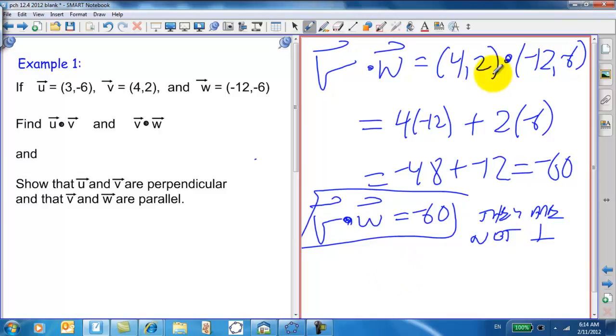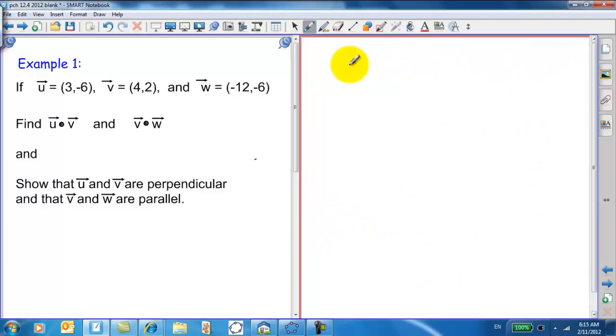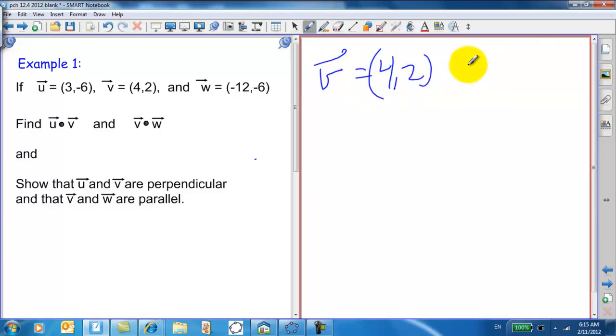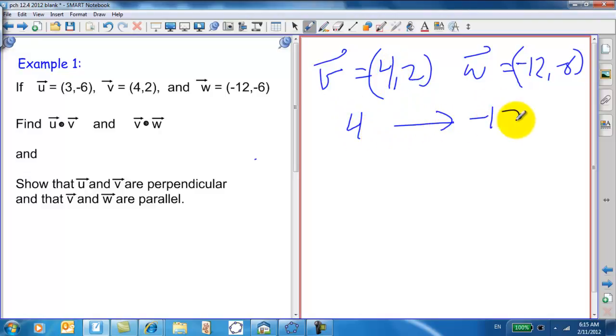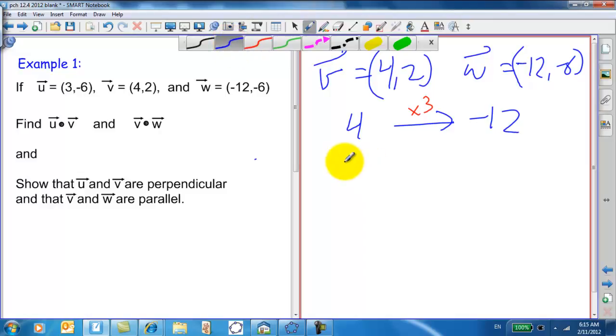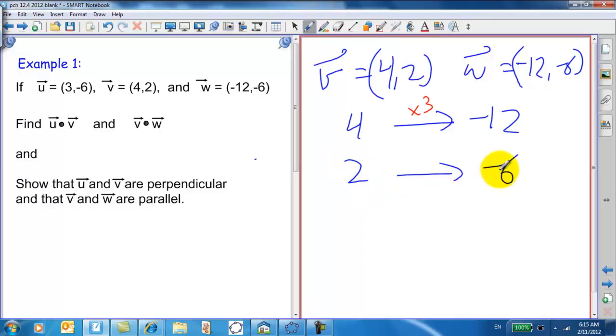Notice, though, that there's a scalar multiple between the two. Since v equals 4, 2, and w equals negative 12, negative 6, if you can think of a way of multiplying this by a scalar to get to there. So just look at one coordinate. 4 to get to negative 12, you have to multiply by negative 3. Well, will that also work with 2 going to negative 6?